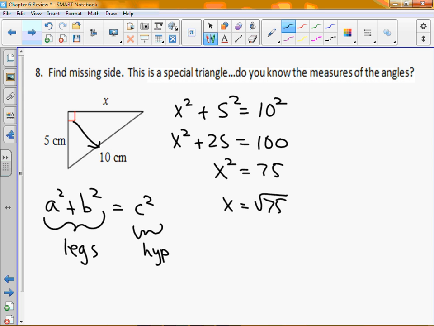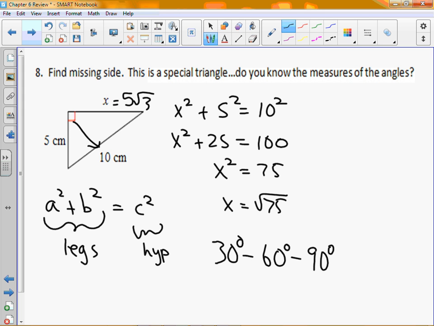By the way, I wanted to see if anybody could recognize this as a 30, 60, 90 triangle. This is a special triangle. There were two special triangles that we talked about.